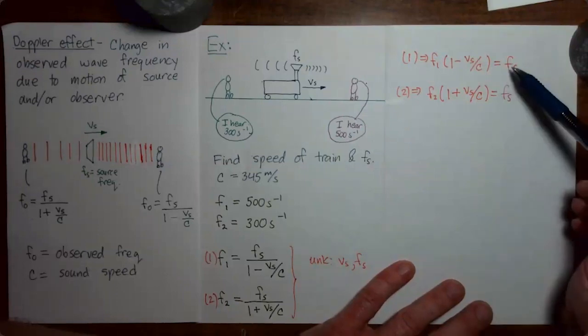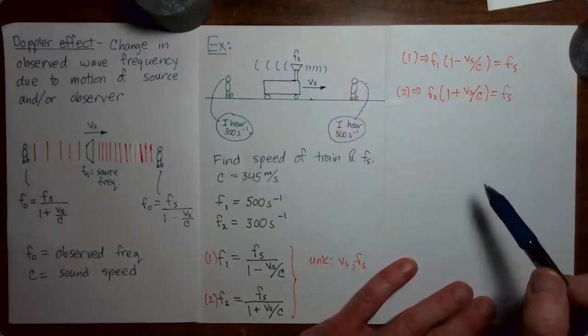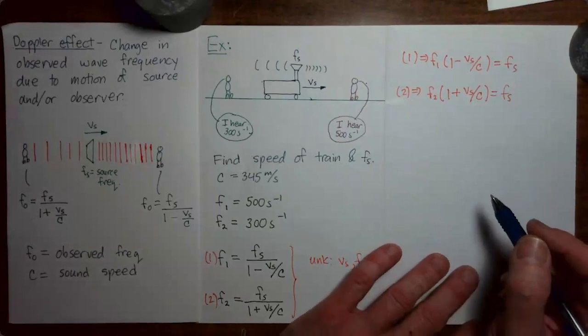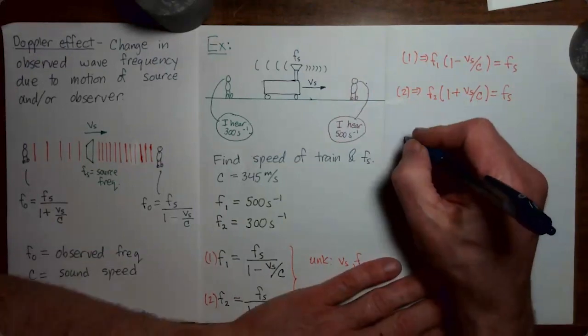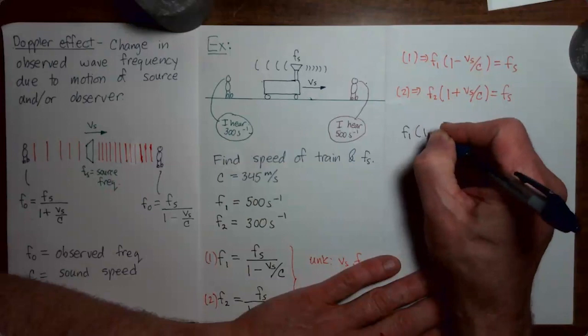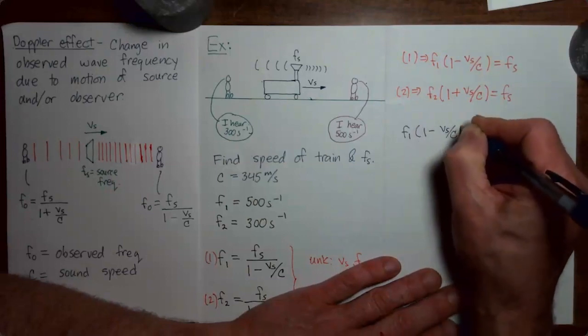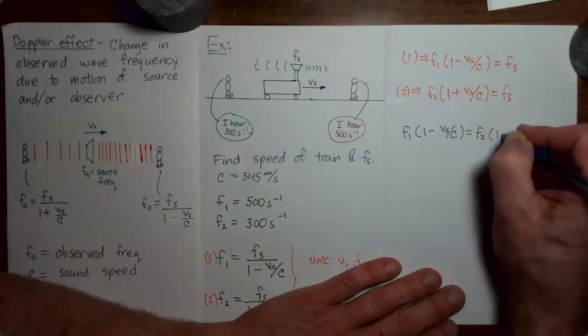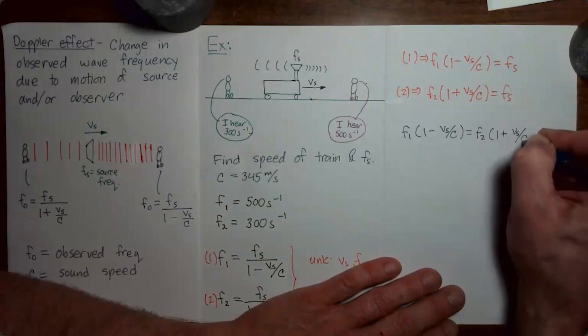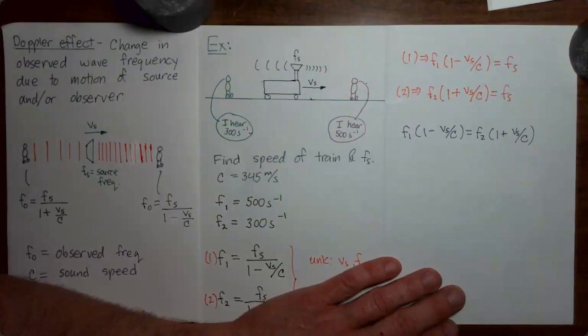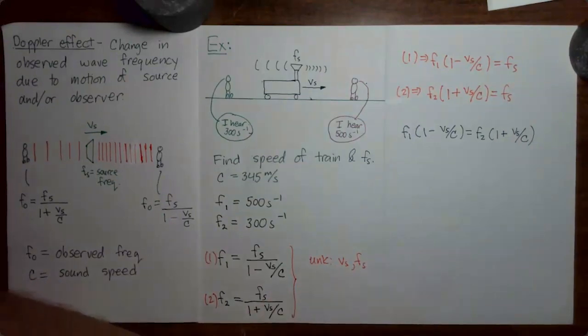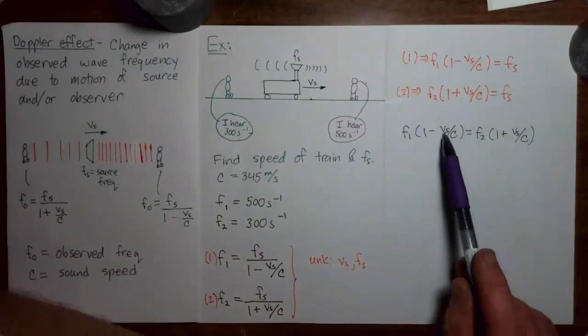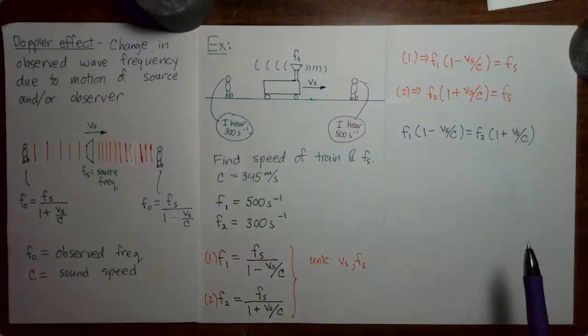So notice now that I have two different expressions for Fs. Those can be equated to each other. So then I have F1 times 1 minus Vs over C equals F2 times 1 plus Vs over C. In this equation, everything is known except for Vs, so let's solve for that.